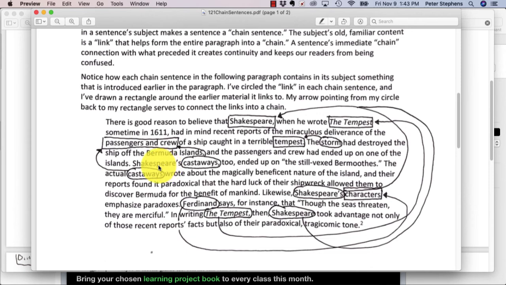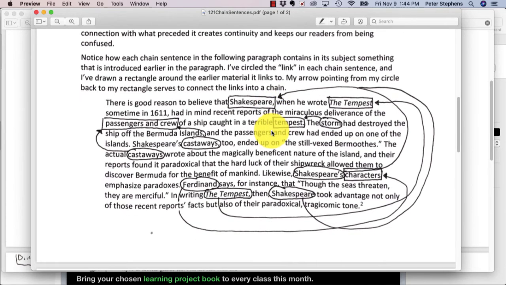The next sentence starts, Shakespeare's castaways. Well, I hadn't used the word castaways yet, but I've made it pretty clear that the ship was destroyed, the people survived, and their passengers and crews. So castaways is a nice summary of what's gone before, and it harkens back to passengers and crew. The next sentence, the actual castaways, same. Likewise, Shakespeare, we've heard about him before, so I circle Shakespeare and draw a line back to my reference to Shakespeare that happened earlier.